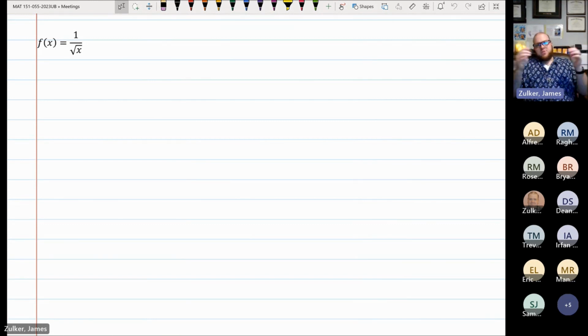Let's think about finding the derivative of this function using the definition. We will pick up right here when we come back at 7:50. So I will see you all then.